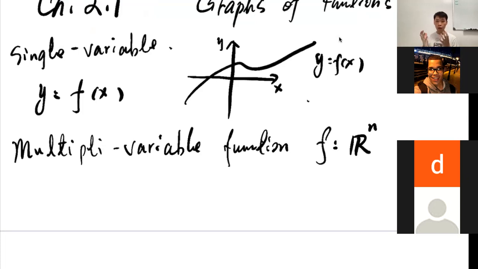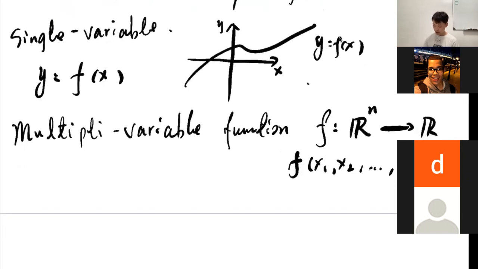Because you're using n variables, and then you map it to a real value. So you assign f of x1, f of x2, dot dot dot, f of xn as a number. Let's say this is your y. Okay, what does the graph of this function look like?